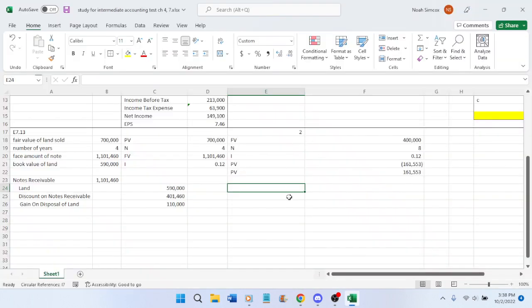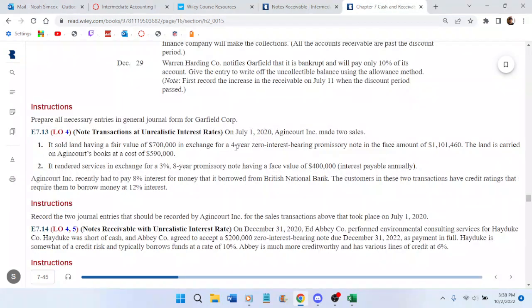I guess here's what you do. First of all, you figure out what's the amount of interest. What is the stated amount of interest? Well, that is equal to 0.03 times 400,000.